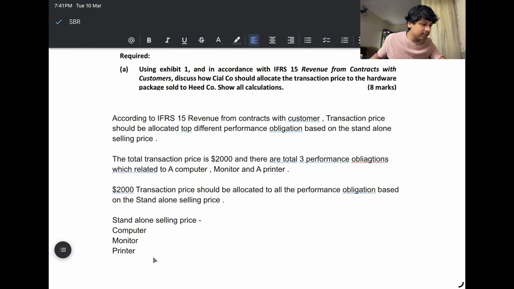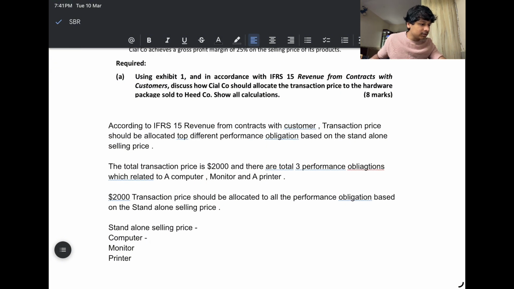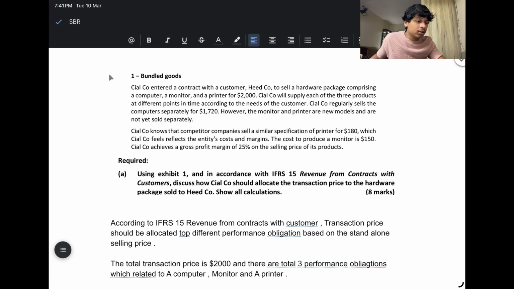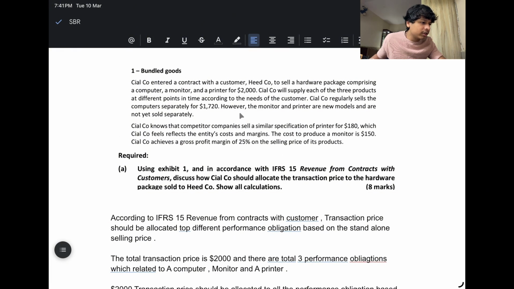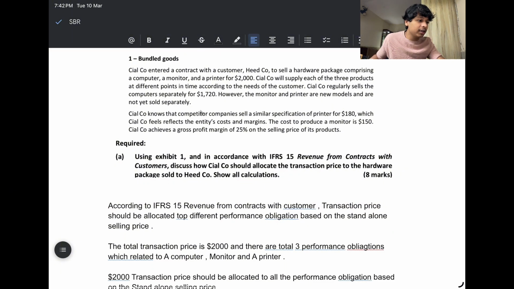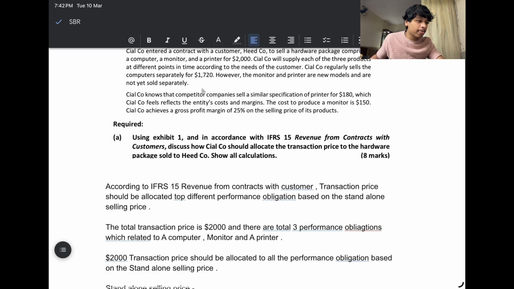Now let us see in the scenario what is the standalone selling price of all of them. CL company will supply each of the three products at different points in time according to the needs of the customer. CL company regularly sells the computer separately for $1720.